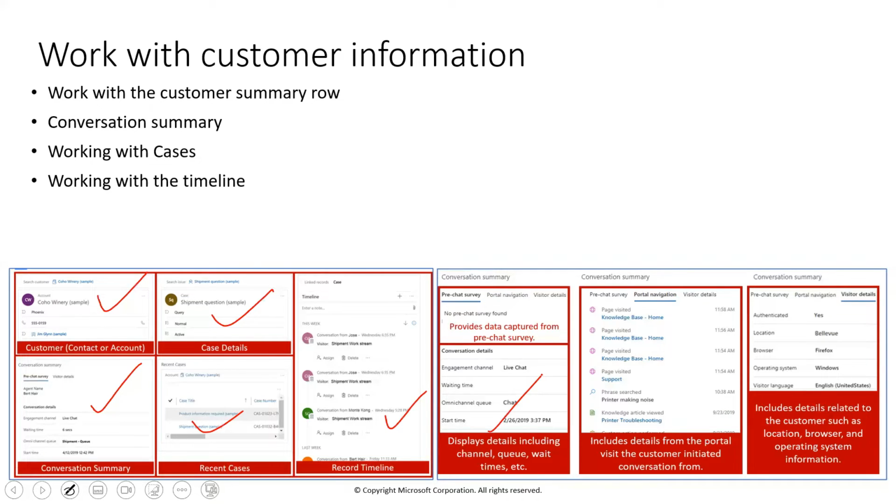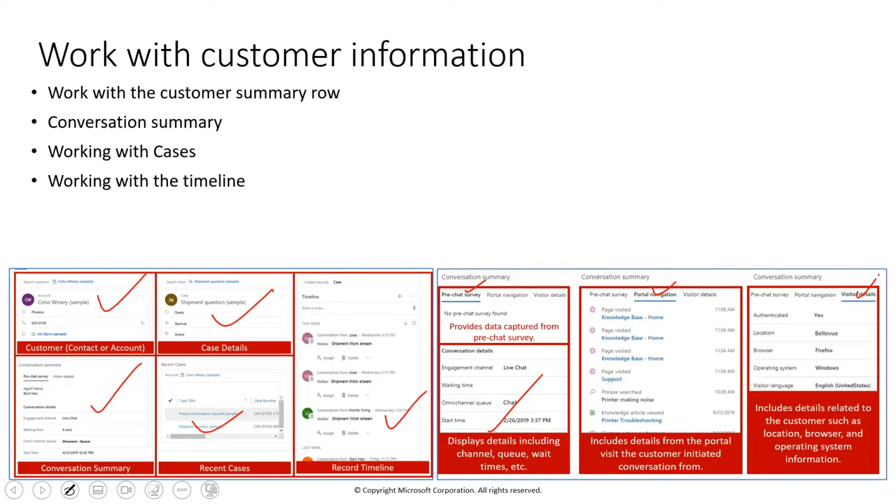We're going to have information about the specific steps the customer followed to connect with our environment, whether they visited our website, then selected the chat bot, then chatted with the chat bot, and then asked to transfer the call. So each and every step is going to be present in this portal navigation area. In the pre-chat survey area, all the basic information is going to appear.